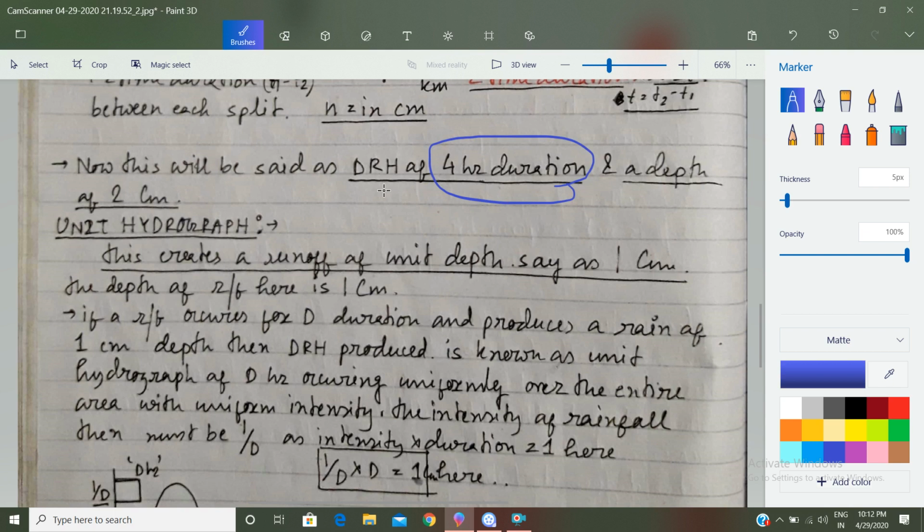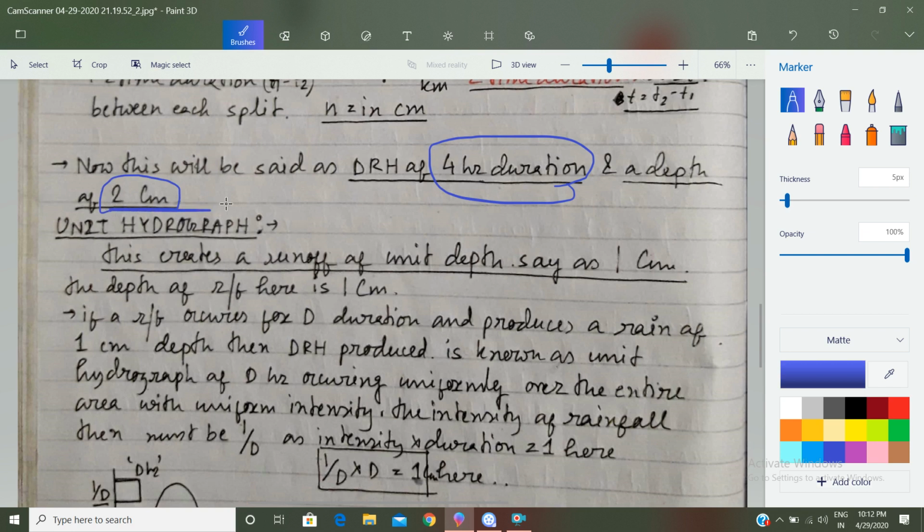This is the difference between DRH and unit hydrograph. A DRH of 4-hour duration must have a depth that may be 1 centimeter or greater; but a unit hydrograph is a special type of DRH. If it is a DRH, the depth of 2 centimeter will be stated. If it is a unit hydrograph, the depth of the runoff will not be stated.